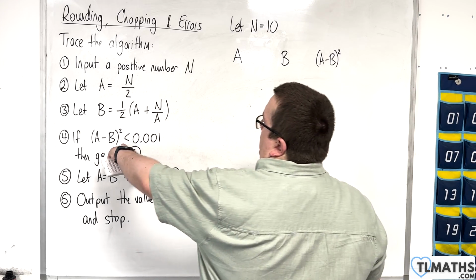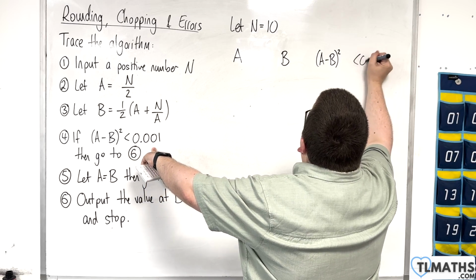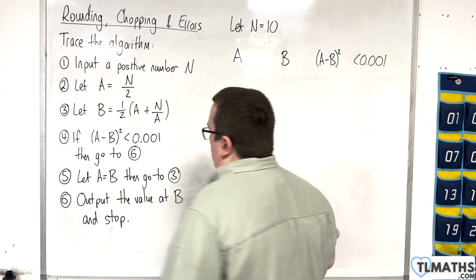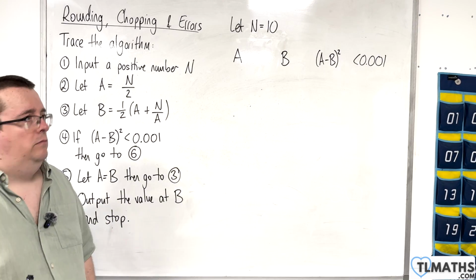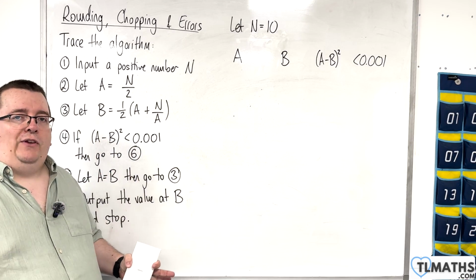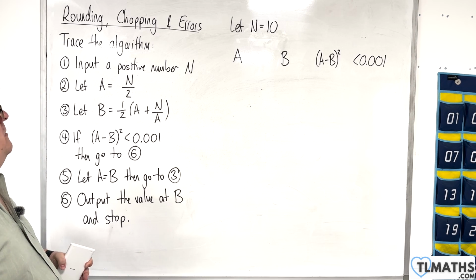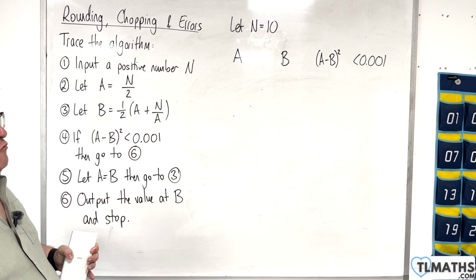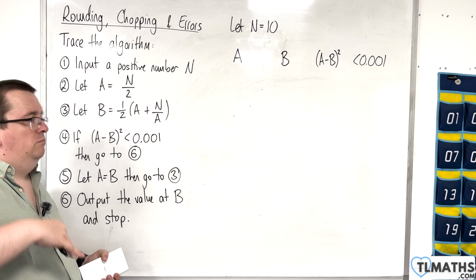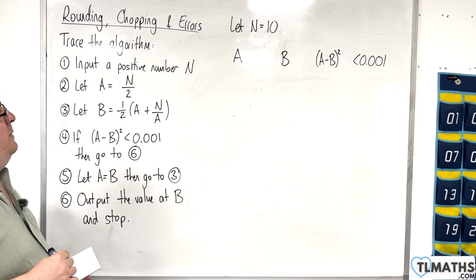I'm going to have to decide whether that's less than 0.001, and then I'm going to have my output, which I'm going to put at the end, okay? There's no one way of laying this out, just to be clear, but this seems like a reasonable way to do it. So you might want to pause now and have a go. By all means, just watch as I work it through.